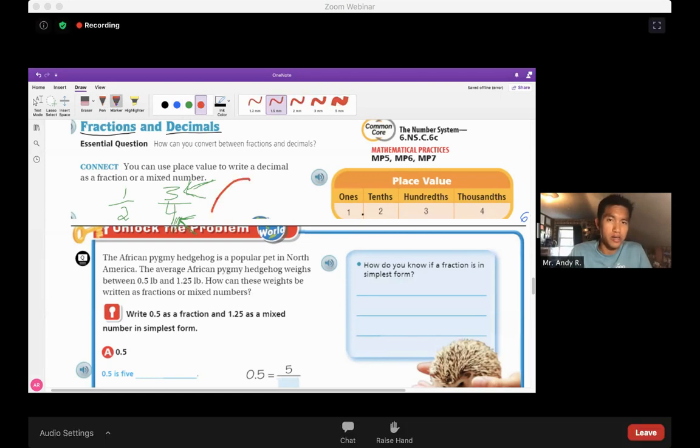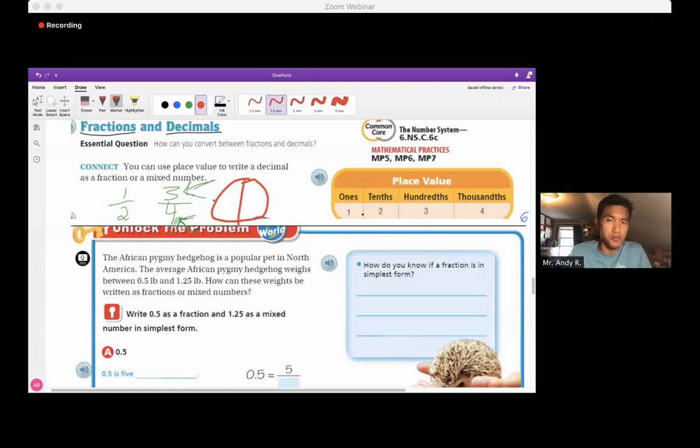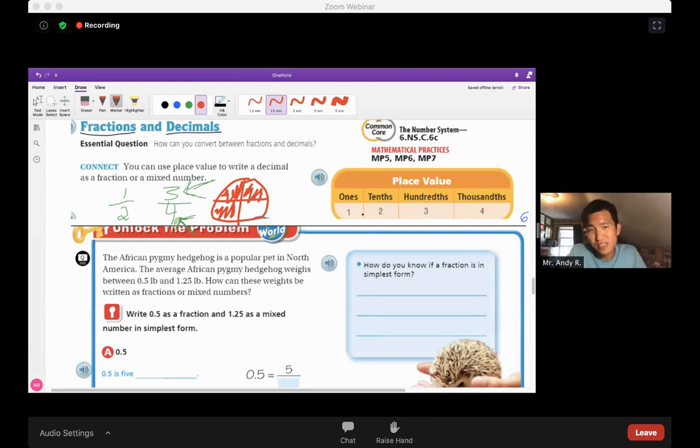Picturing what 3 slices would be like that: 1, 2, 3. Just looking at this, it looks like I ate most of the pizza.